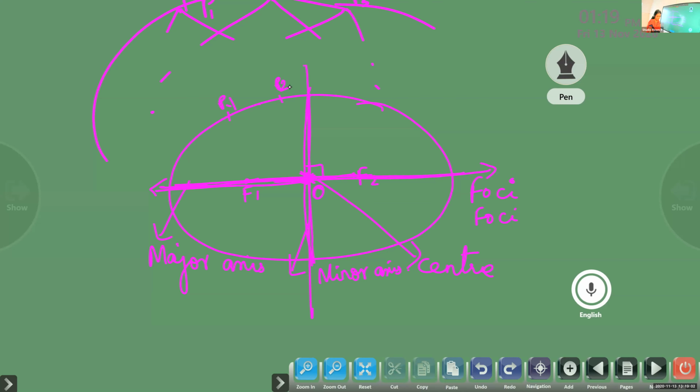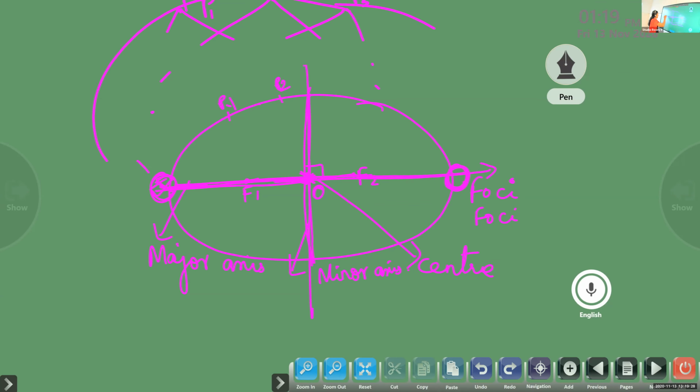Then the line segment through the foci of the ellipse is called the major axis of the ellipse, and the perpendicular drawn to the major axis through the center is called the minor axis. Now listen, children. Look at the end points of the major axis.